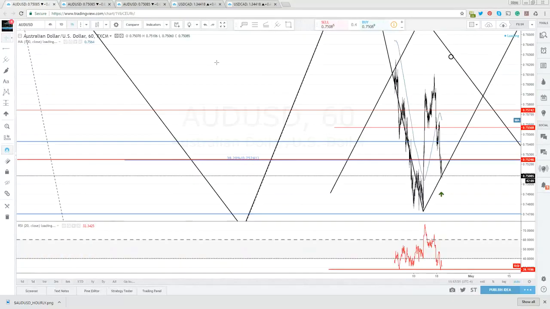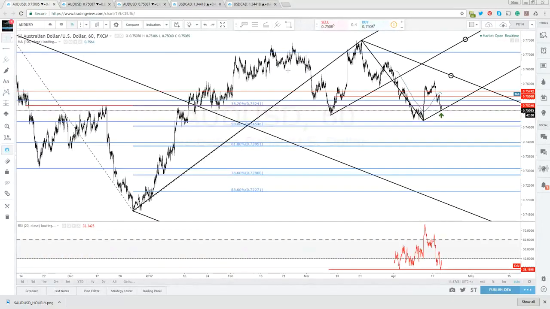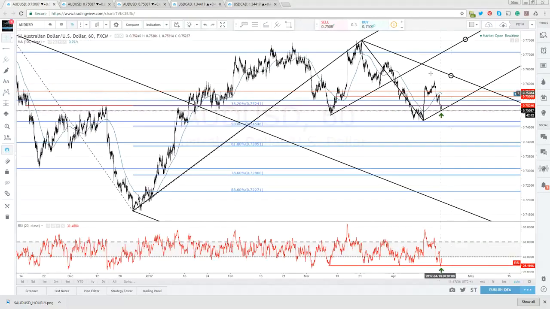So let's look at the hourly. Yeah, if we can hold this, this is a temporary fork. It's not valid because a fork is only valid if the median line has been reached. So this is just temporary. It held this morning and we're right there, but I don't think it's going to hold.